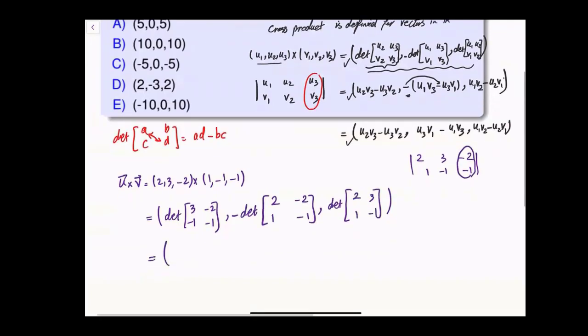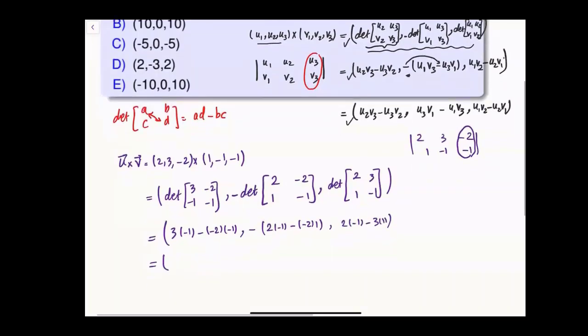This way, we have 3 times negative 1 minus negative 2 times negative 1, minus 2 times negative 1 minus negative 2 times 1, and 2 times negative 1 minus 3 times 1. This will give me, you see, this is negative 3 minus 2, that will be negative 5.